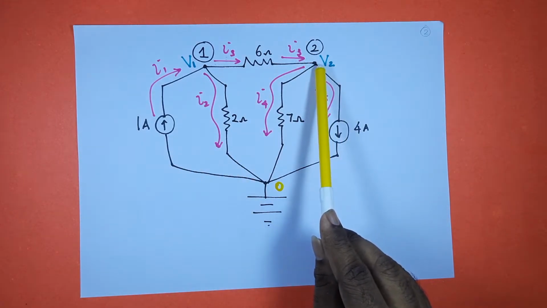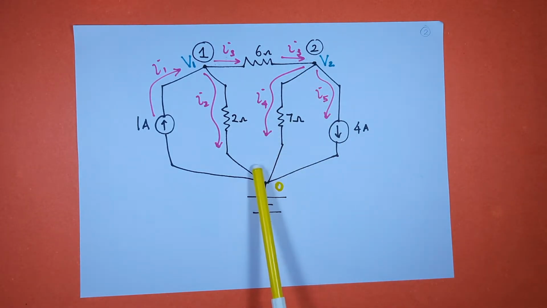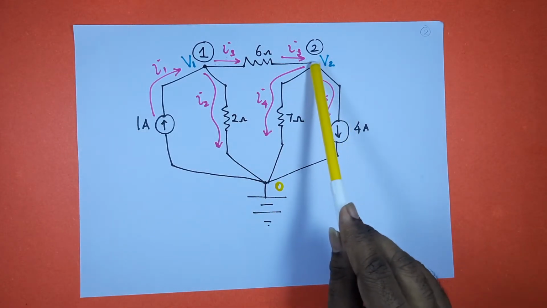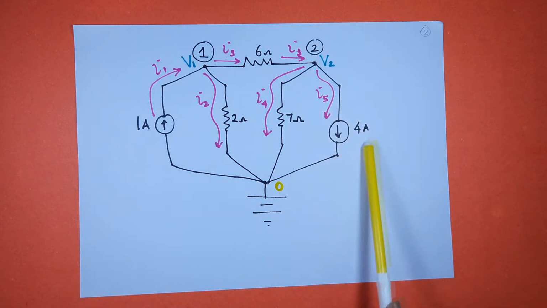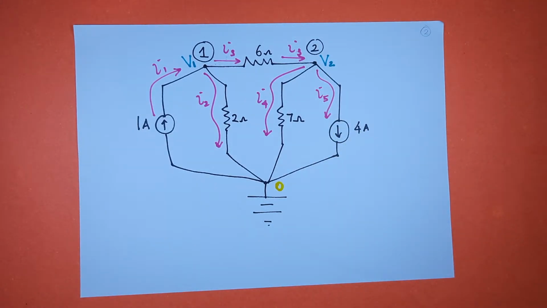When it reaches node 2, I4 is flowing through the 7 ohm and the remaining I5 flows through the 4 ampere source. So we have redrawn the given circuit.